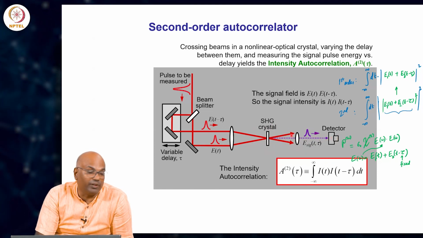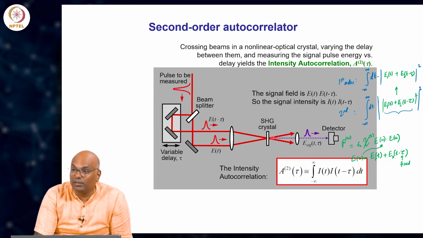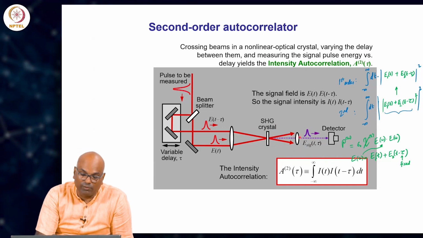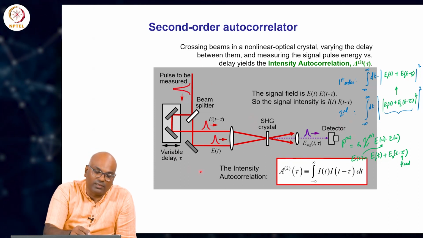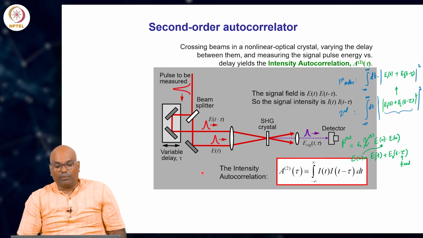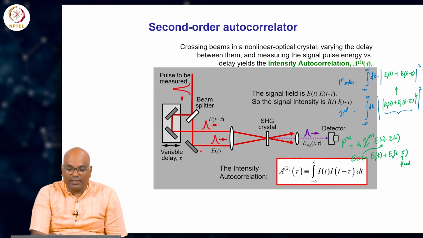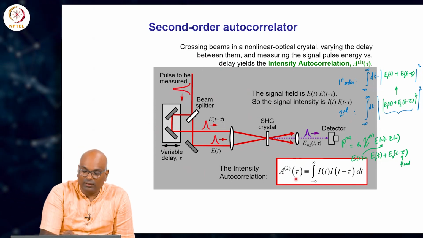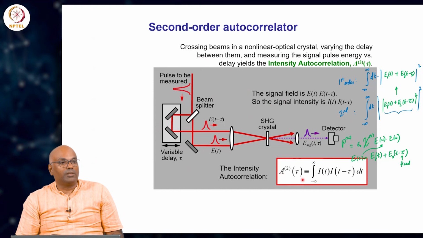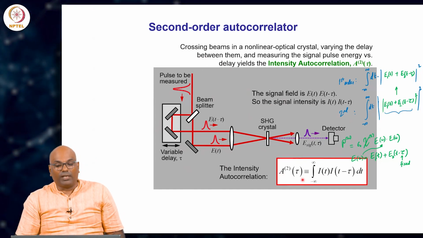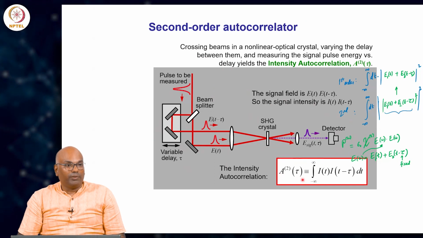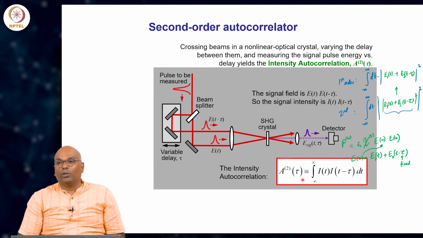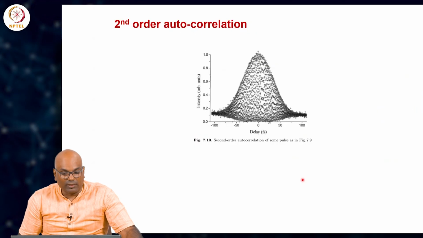Phase matching, about which we learned, is done in the second harmonic crystal, and this is the active part of the detector; the rest is just the same old Michelson interferometer. One can then scan this delay and produce an intensity autocorrelation signal which is of the second order. So, that is how a second order autocorrelation is realized.